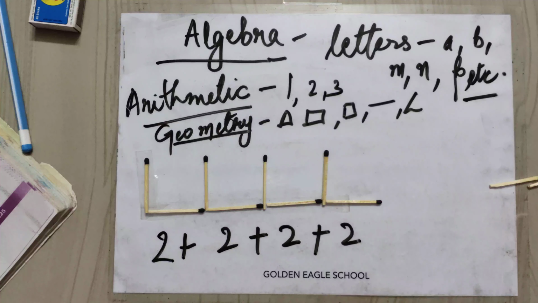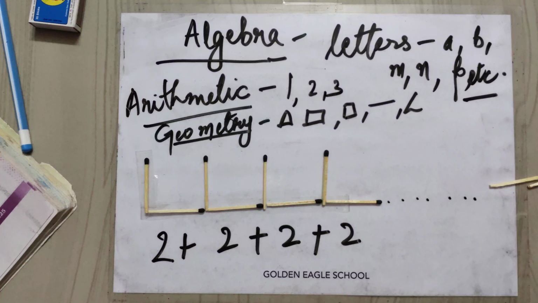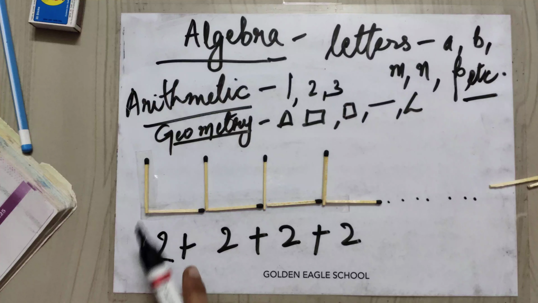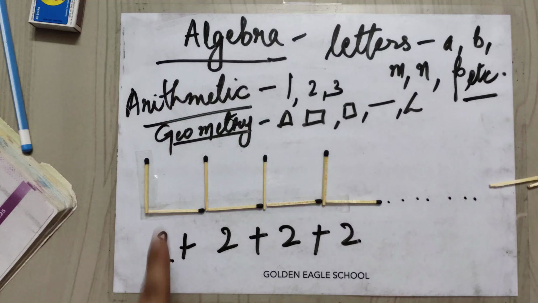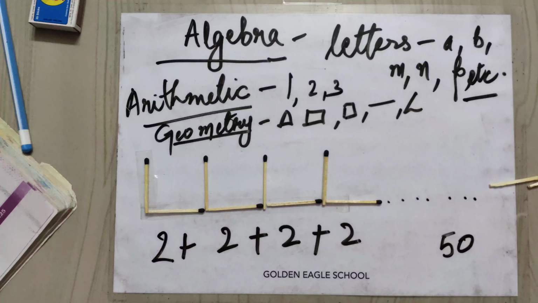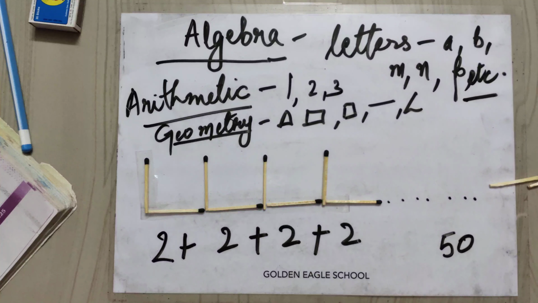And let this L continue. It can go till 10, it can go till 11. Now are we going to count the matchsticks? If I say we are forming 50 such L's, how are we going to find out how many matchsticks are used in forming 50 L's?